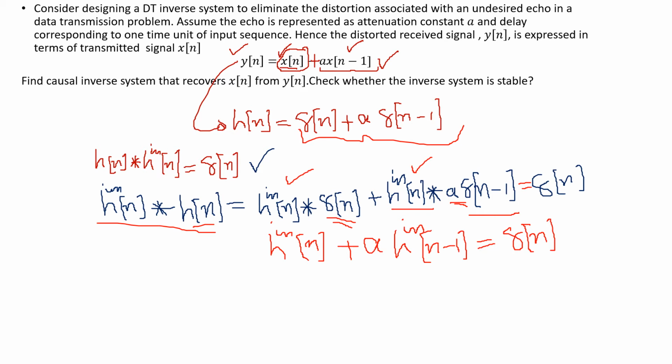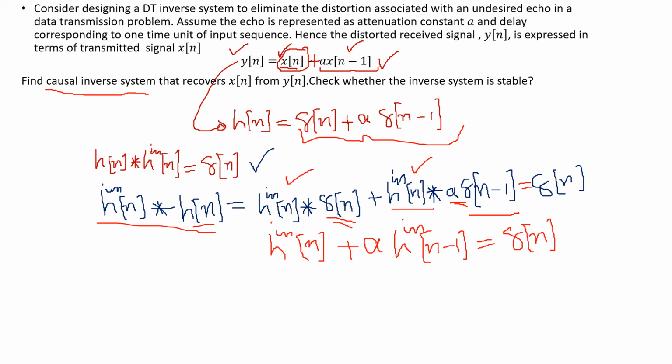Now we are asked to find the causal inverse system. What was the definition of causal? For the case of causal, we know that h of n will be 0 when n is less than 0. That means n cannot have a negative value. So for negative values, this must result in 0, and for positive values, let's find the value.